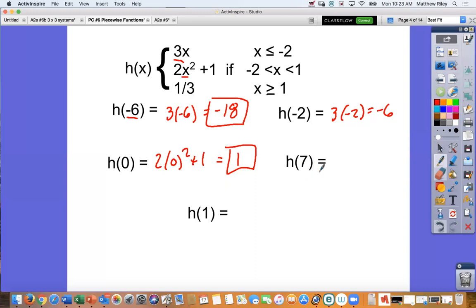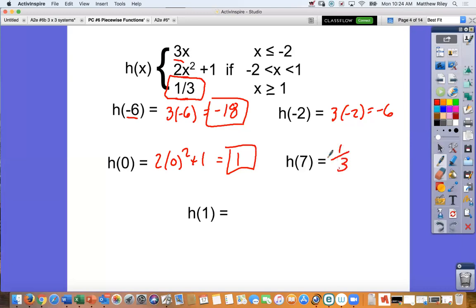Number 7, h of 7. When x is 7, well, 7 is greater than or equal to 1, so I use this. So here's the question, and this is the new part. Does this have an x? No. So that means it's a constant value. For any value greater than or equal to 1, they are charging a flat fee of 1/3, or it is just going to be 1/3.